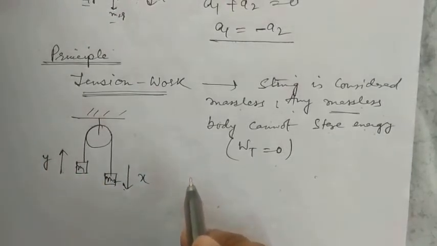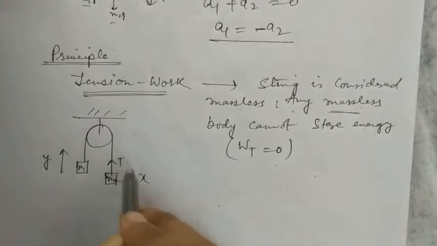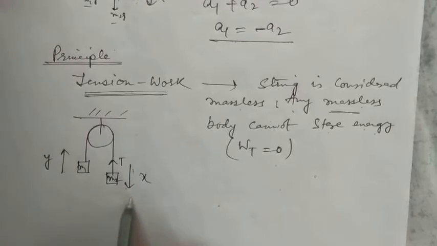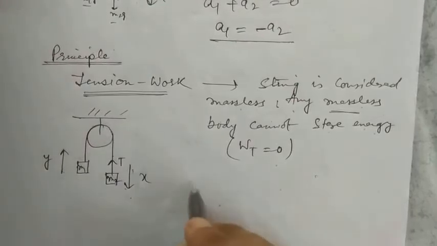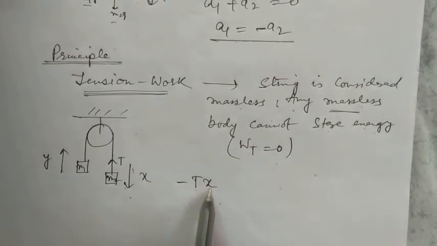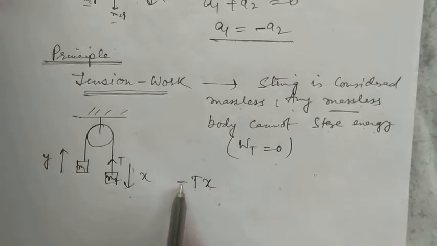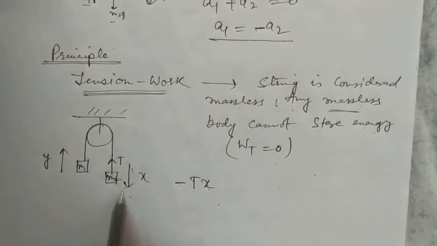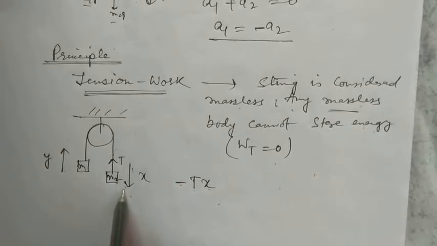The tension work principle states that if the tension acts in the upward direction and the displacement is in the downward direction, the work done is negative work. So Tx, force into displacement, means work. The negative sign is given here because tension and displacement are in opposite directions, so negative work.